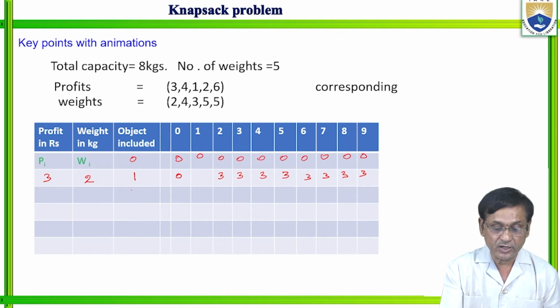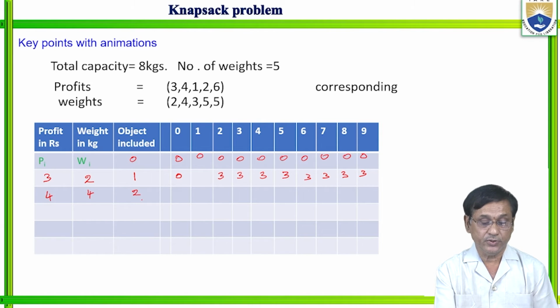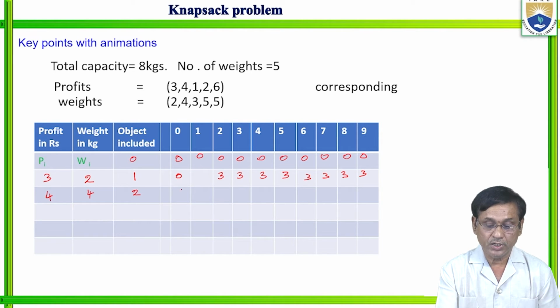Next, when the second object is included, the weight is 4 and the profit is also 4. Now, when the weight is 0, no profit. When the weight is 1, it is 0. When the weight is 2, it is 3.